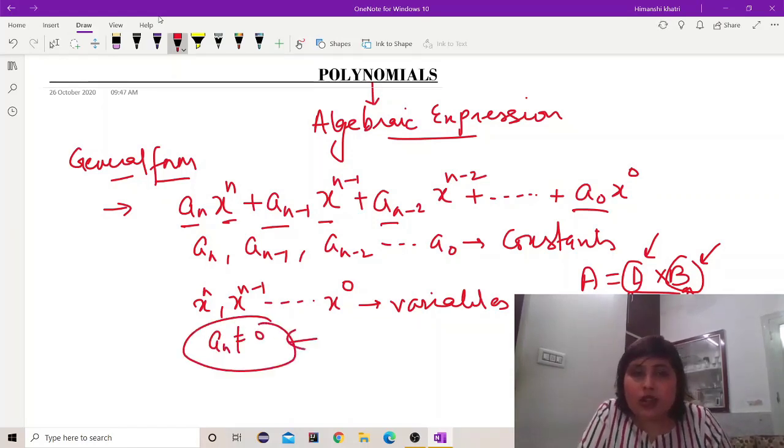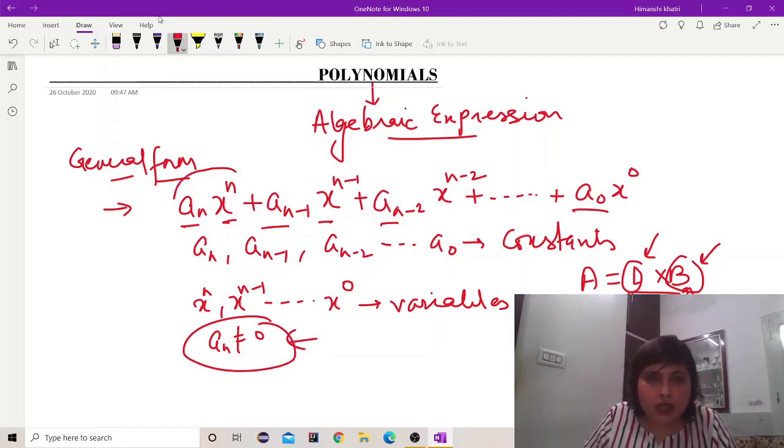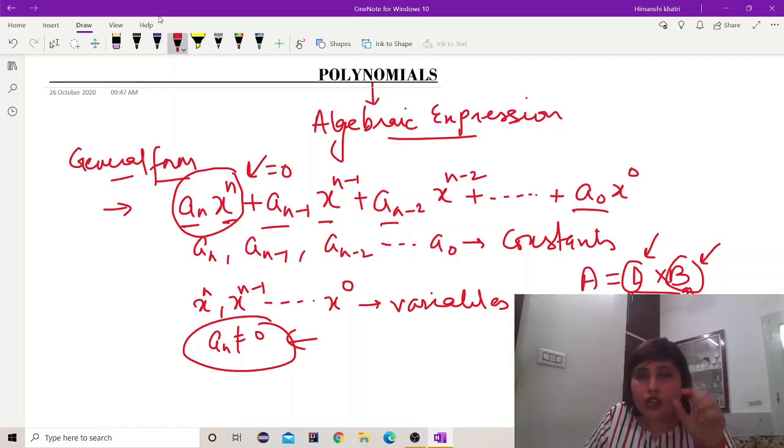Why so? Because if a_n becomes 0, then this whole value will become equal to 0. Why? Because all these values are hiddenly joined with a mathematical operation, and that is the multiply sign.